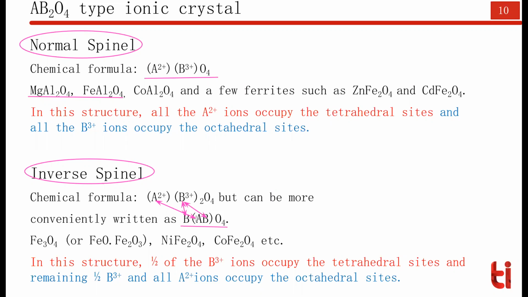And the B3+ cations, which in the normal spinel are all at the octahedral void, now in the inverse spinel, half of them are at the tetrahedral void and the remaining half are at the octahedral void.